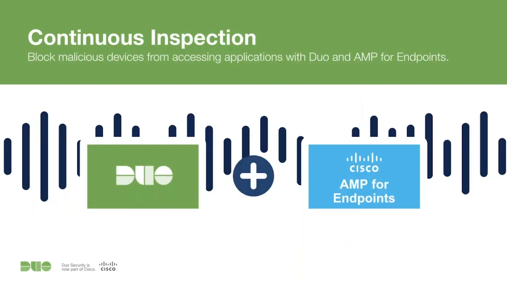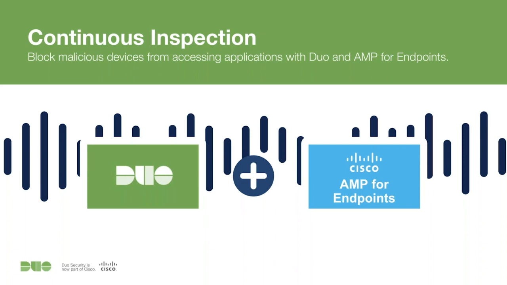As an example, we have a couple demos to show you that we'll get into later, and this zooms out of Duo to Cisco more broadly: we've built an integration with AMP for endpoints. AMP, if you're unfamiliar, is a Cisco tool that is used to detect malware on devices. We now have an integration where, if AMP detects malware on a device, it can send that signal to Duo.